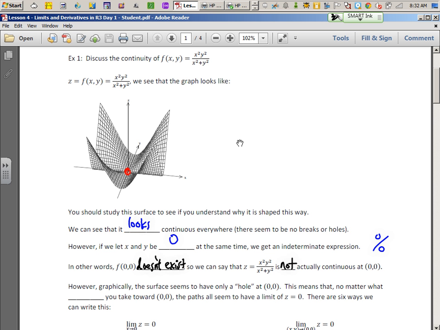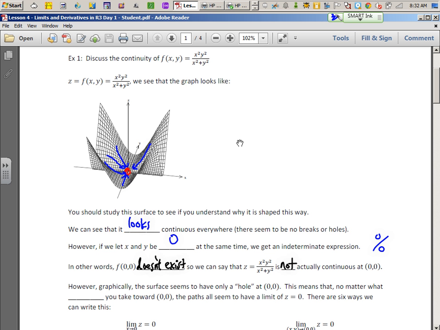Okay, so we would say that basically it's a hole because when you're coming from any direction towards the origin, as you travel along this surface, whatever path you take, whether it's this path, or this path, or this path, or this path, as you follow the contours of this surface and head towards 0, 0, they all have the same exact destination.